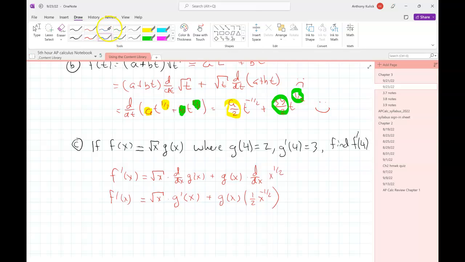Now let's do f prime of 4. All that means is I'm going to be plugging 4s in for x. Everybody's cool there?